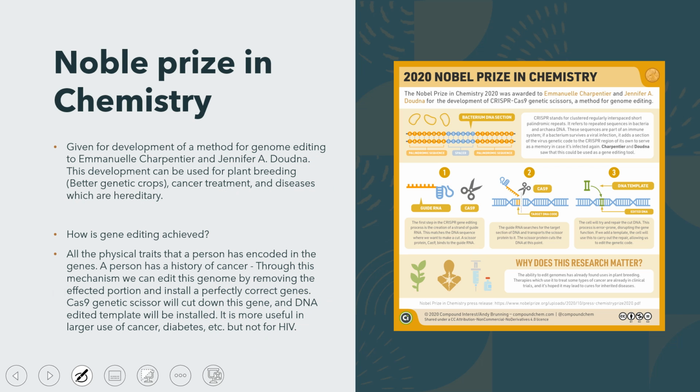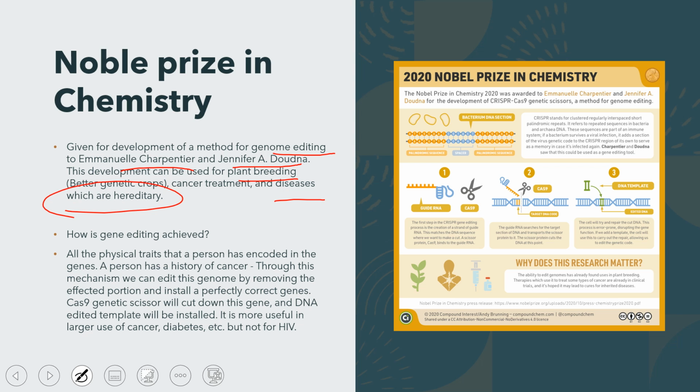It was given for the development of a method for genome editing, to Emmanuelle Charpentier and Jennifer A. Doudna. This development can be used for plant breeding, better genetic crops, cancer treatment, and diseases which are hereditary. Why plant breeding? Plant breeding also involves some gene modification.